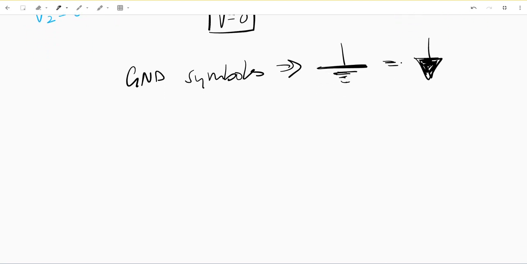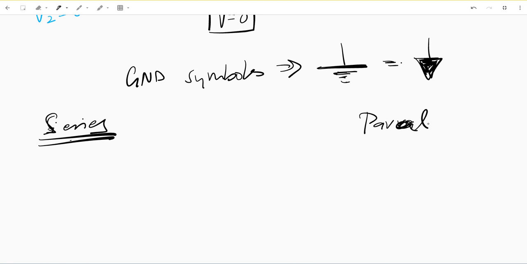Now let's identify some important key words in electrical engineering, and that is specifically series. Something is in series or something is in parallel.